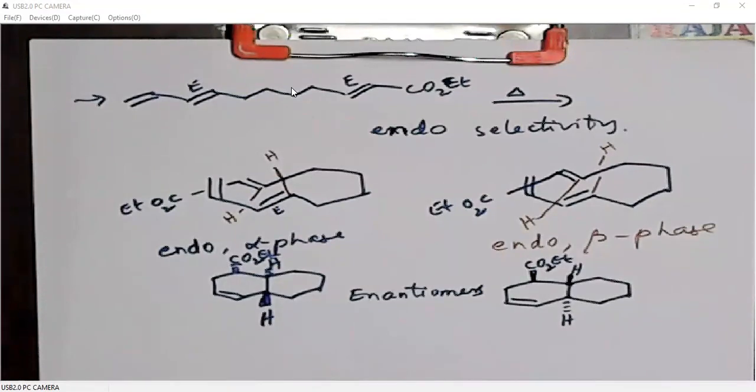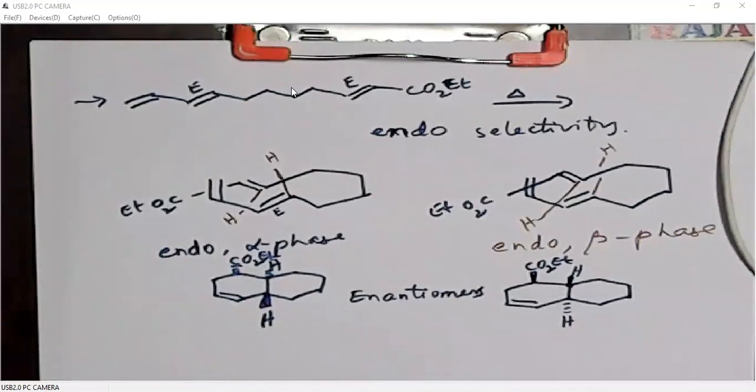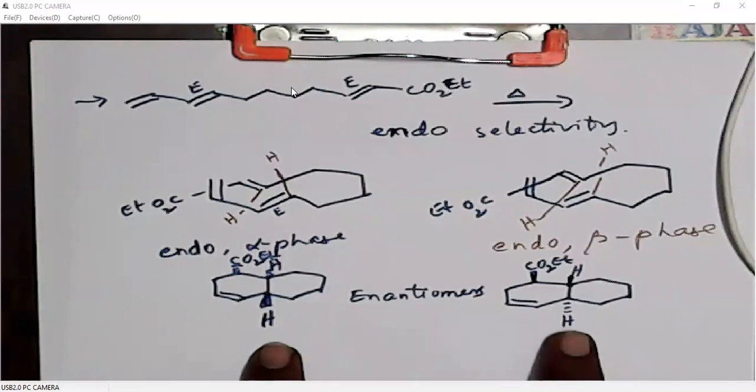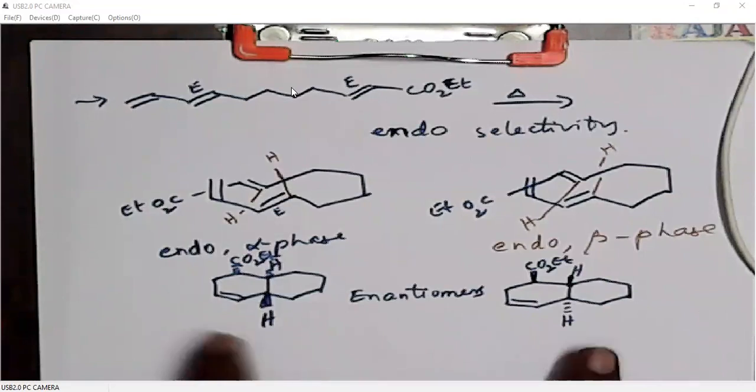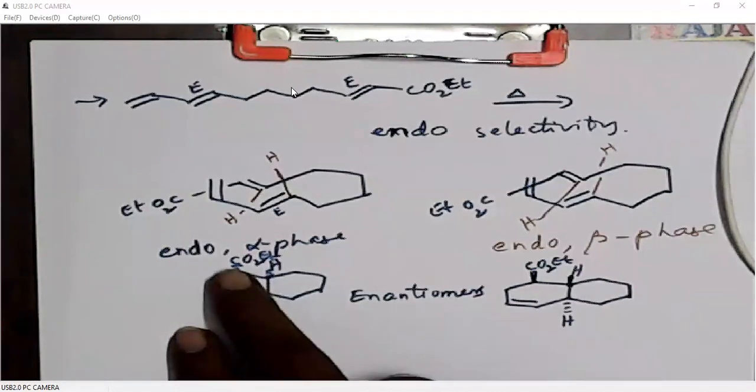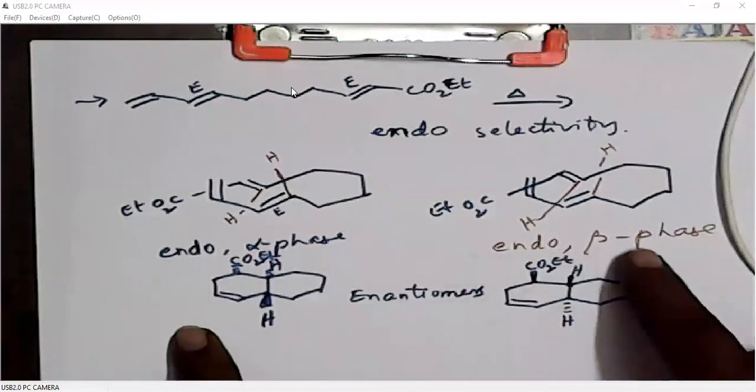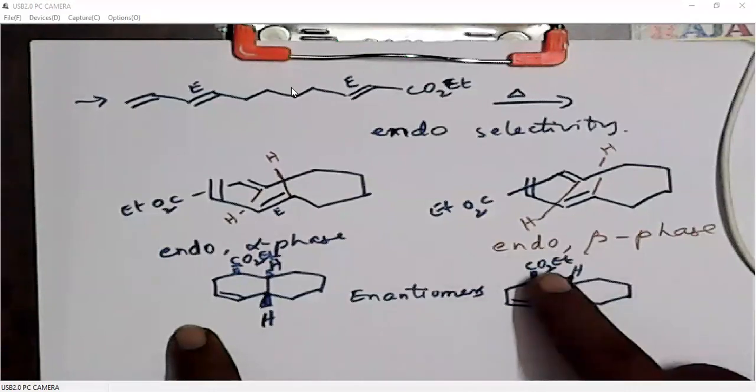Now, when we look at the endo selectivity, again there are two possibilities: endo selectivity with alpha phase, endo selectivity with beta phase. Of course, endo selectivity means it should be trans only. But endo alpha phase will give you CO2Et alpha, endo beta phase will give you CO2Et beta.